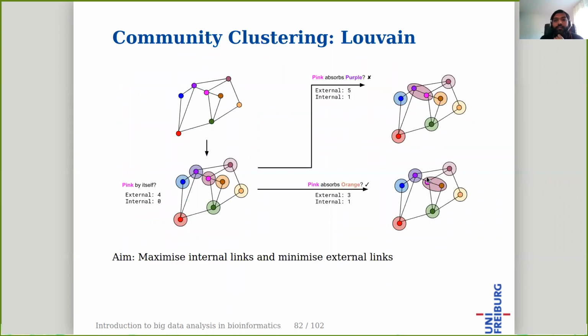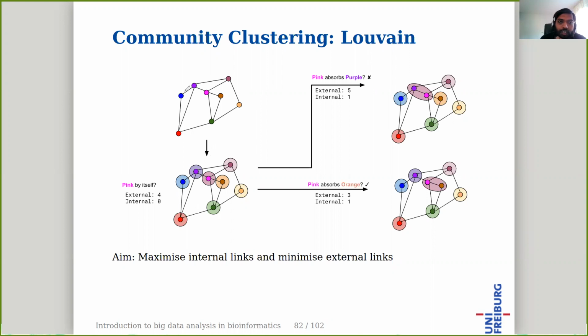Another clustering algorithm is the Louvain clustering algorithm, which implements community clustering. You start with a connected graph, maybe generated from a distance matrix. In this algorithm, each node gets its own cluster in the beginning.